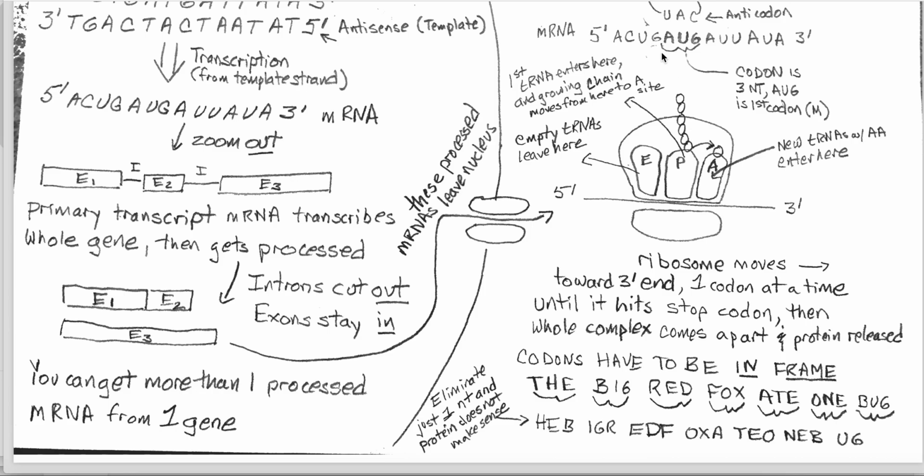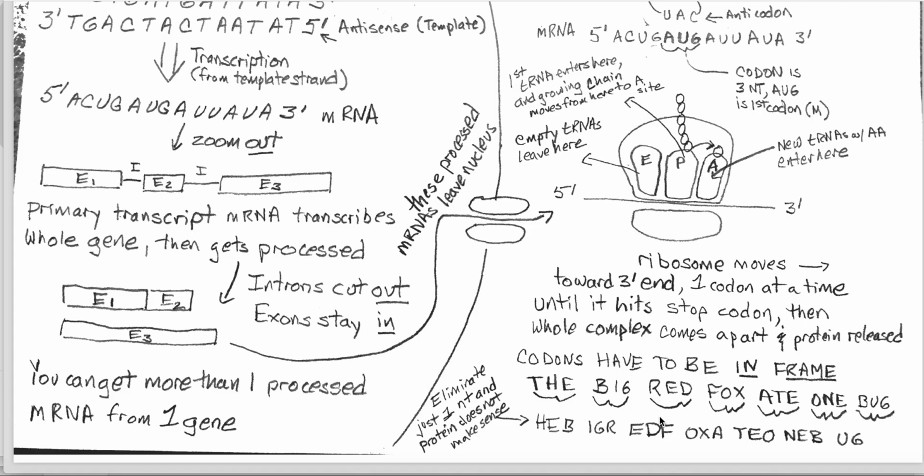But if I have a mutation, let's say I get rid of just one letter in the sentence, the ribosome is still going to read 3 things at a time. It just shifts down its frame. And now it's reading these 3, and then these 3, and then these 3, and all of a sudden this sentence makes no sense at all.